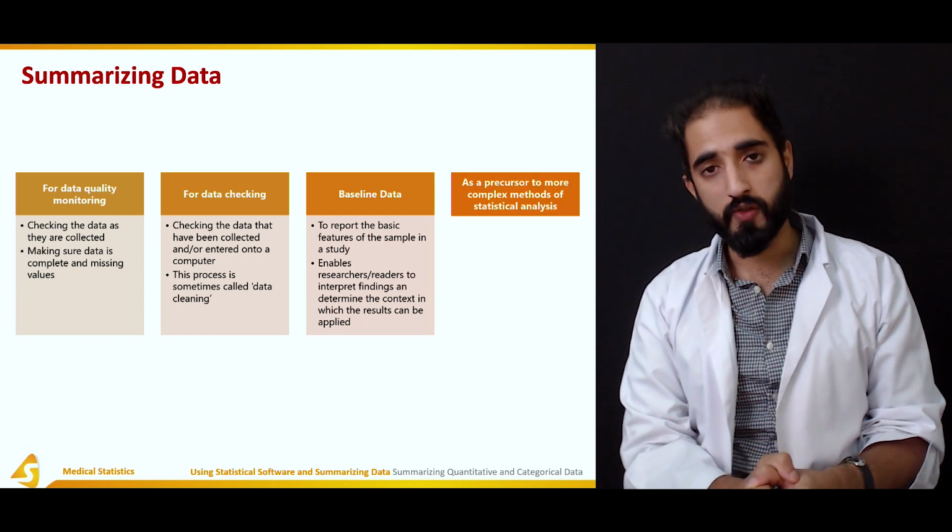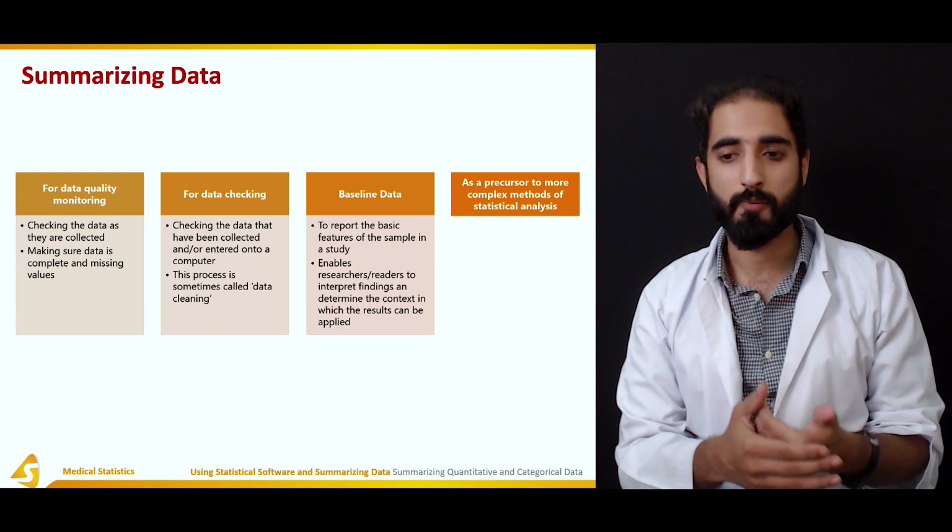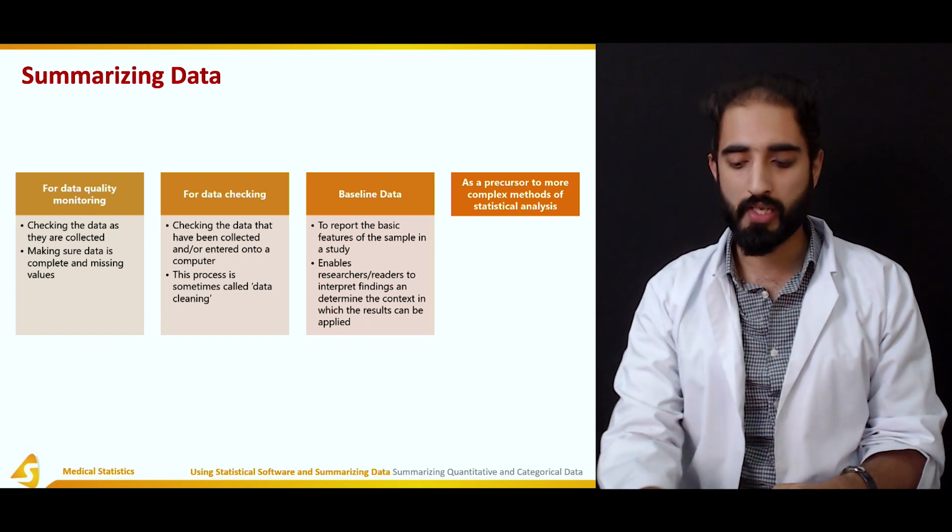Another very important function of summarizing the data is to use it as a precursor to more complex methods of statistical analysis.